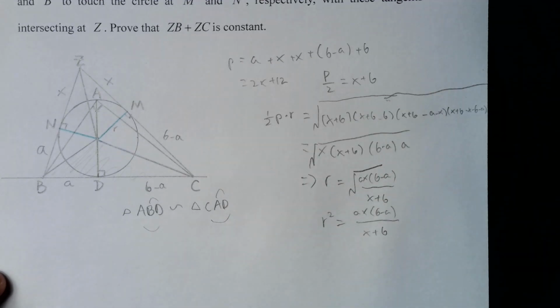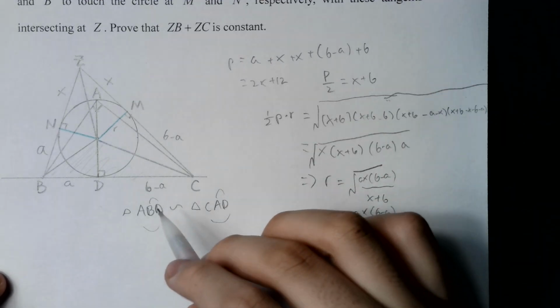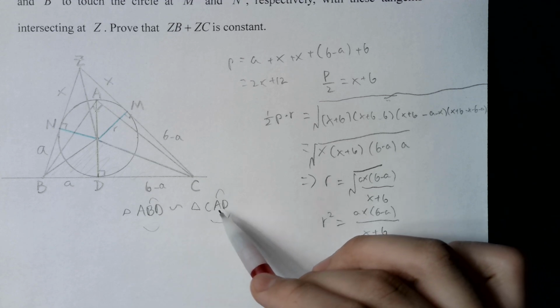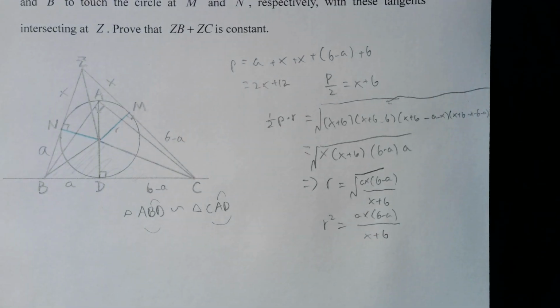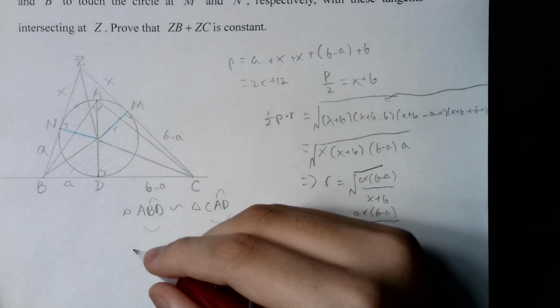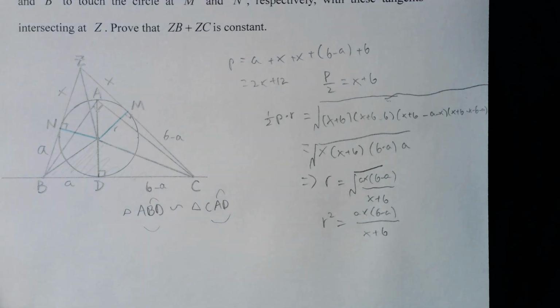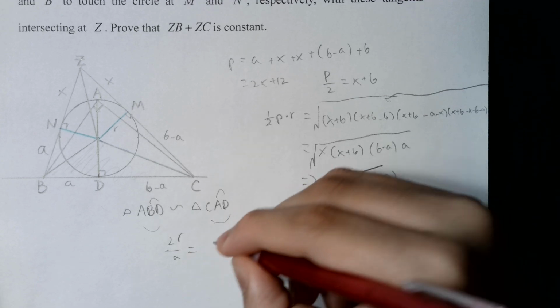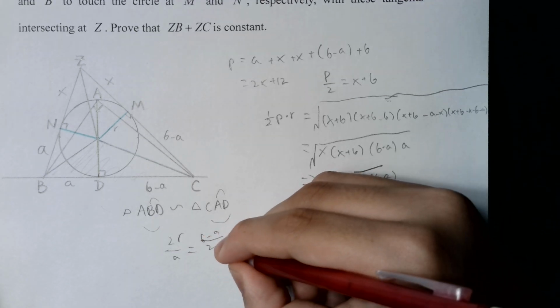So these are the ratios we're going to use. So in other words, BD is going to be ratioed with AD, and AD on the bottom is going to be ratioed with CD. So from here, since we already know these side lengths in variables, we can write 2r over a, which is going to be equal to 6 minus a divided by 2r.